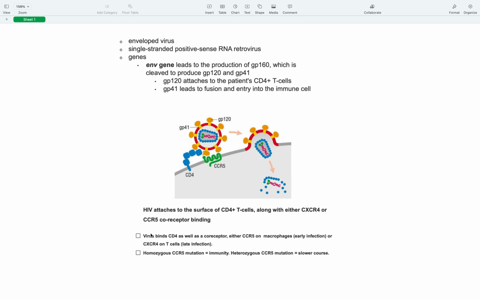These two are very high yield points. Homozygous CCR5 mutations lead to immunity. Some people are immune to HIV because of homozygous CCR5 mutation. A heterozygous CCR5 mutation results in a slower course of HIV.